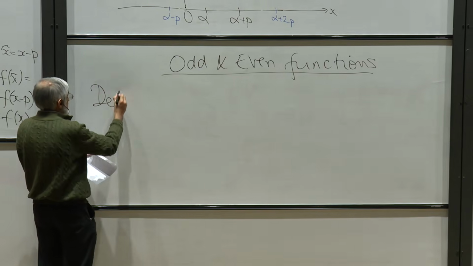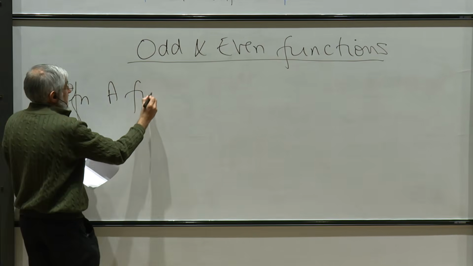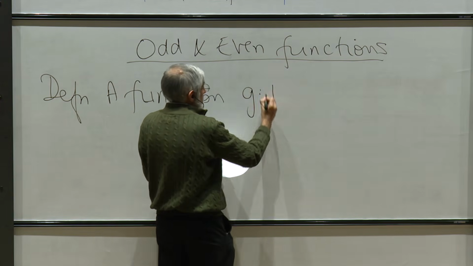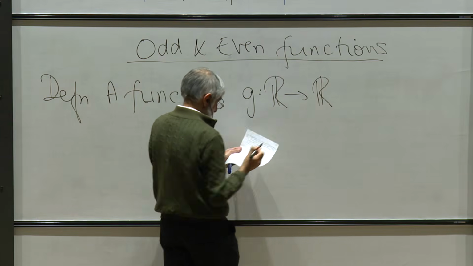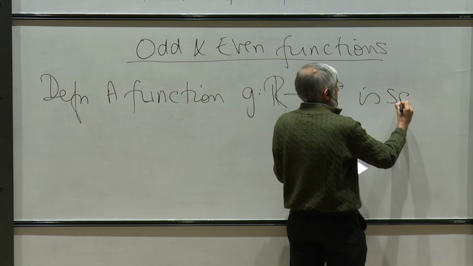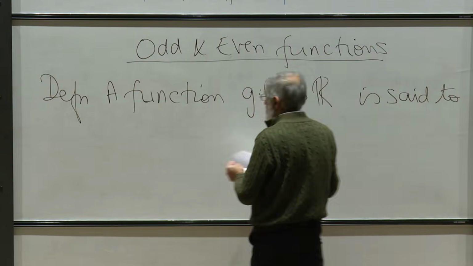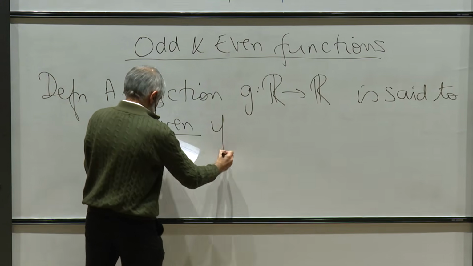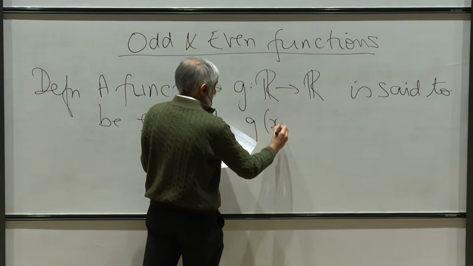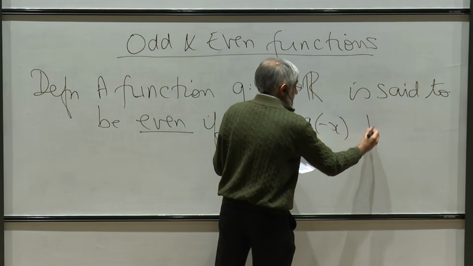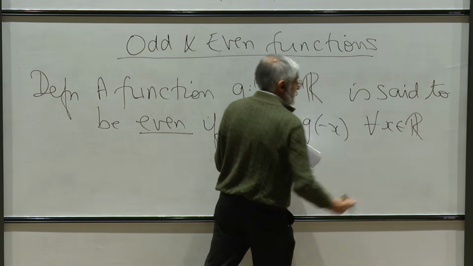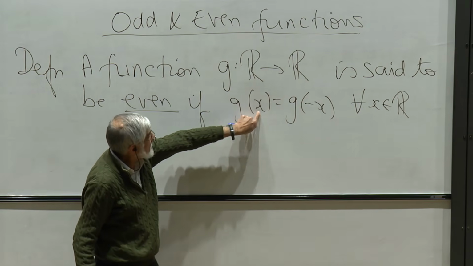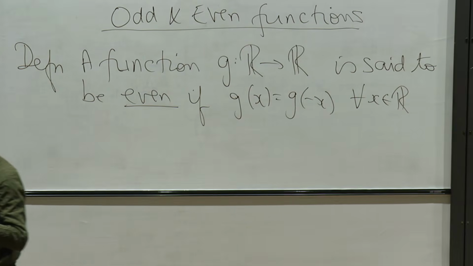So, definition: a function g going from R to R is said to be even if g of x equals g of minus x for all x an element of R. In other words, when you change the value of x to minus x, you don't change the function.